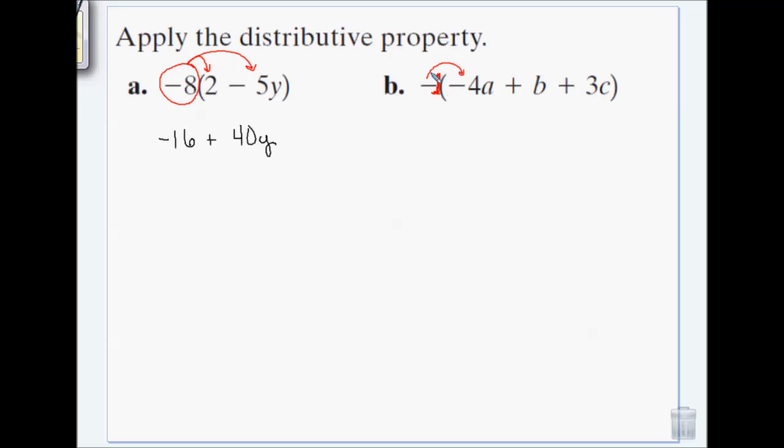So you can distribute that negative 1. You can either think of it as negative 1 times everything, or you can think of it as the negative outside changes the sign of everything inside. Okay, so however it makes sense to you, but negative 1 times negative, that's going to be 4a minus b minus 3c.